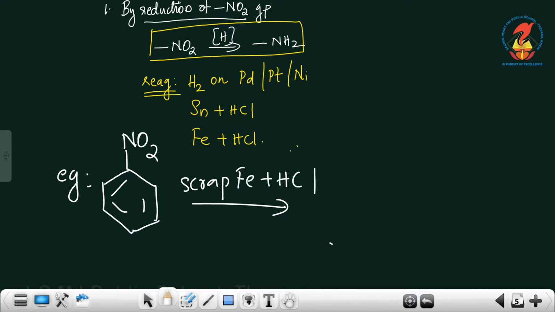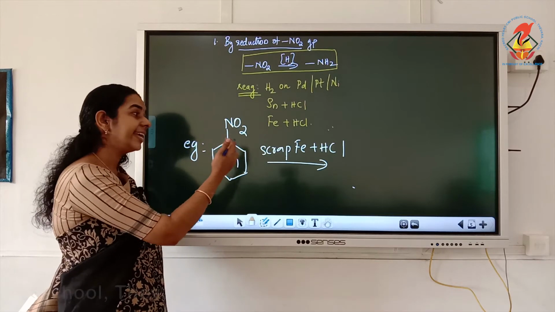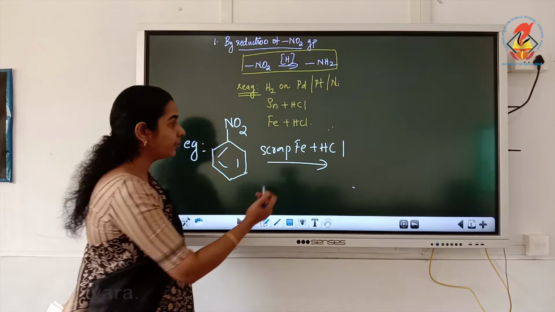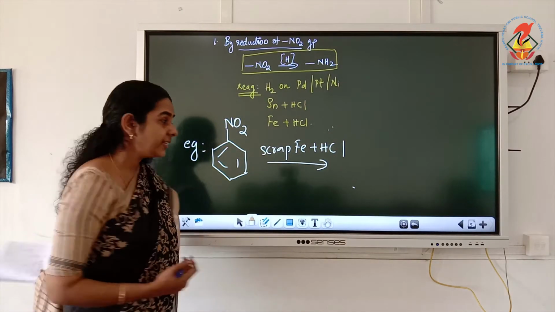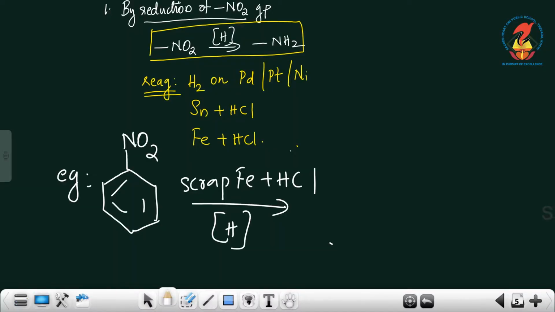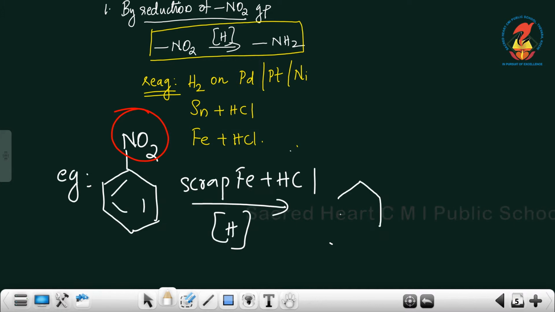We know how to identify the reaction in organic chemistry. See the reagent written above the arrow. Scrap iron and HCl written above the arrow means the reaction taking place here is reduction. And we know that NO2 on reduction gives NH2. So, how to write the product: replace NO2 by NH2.